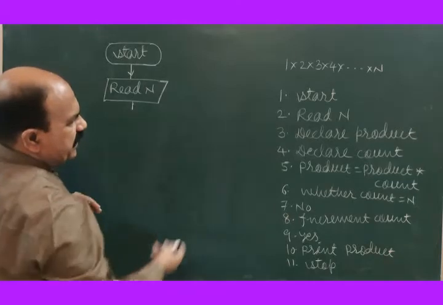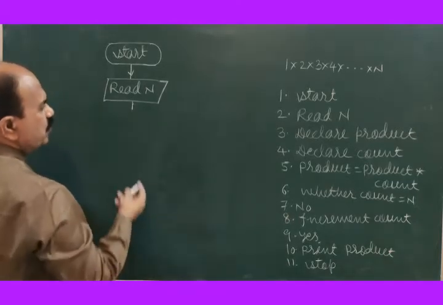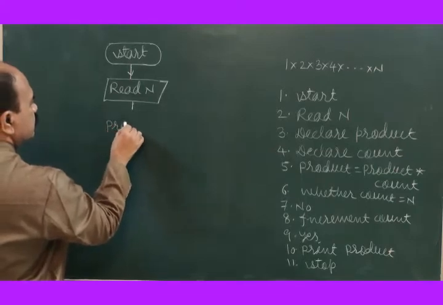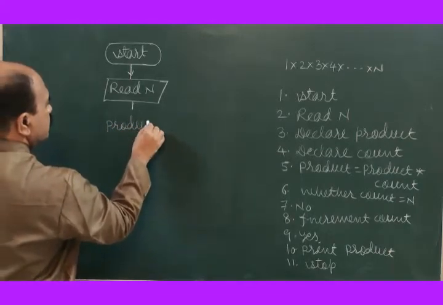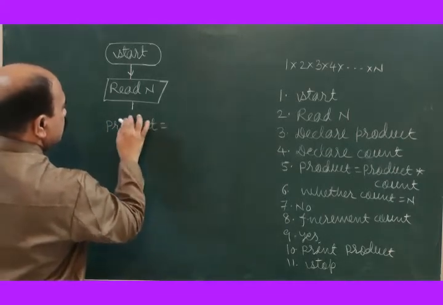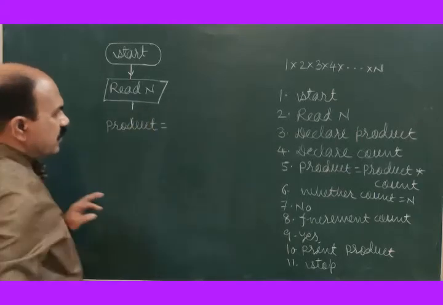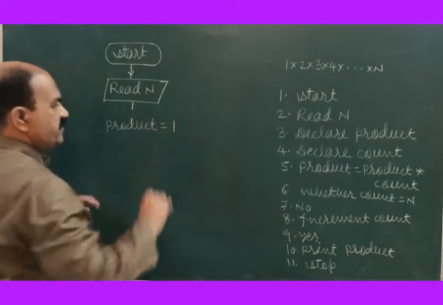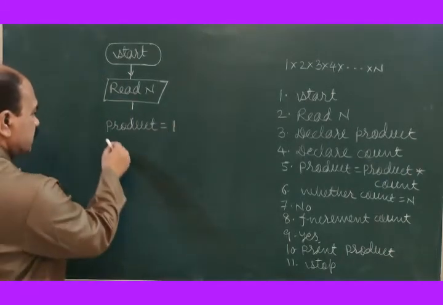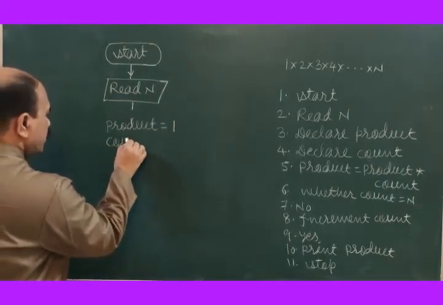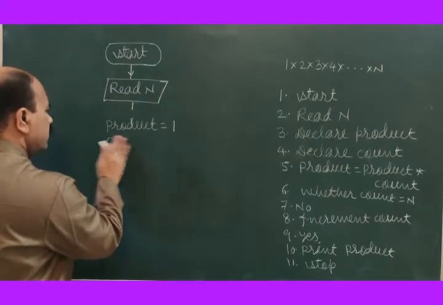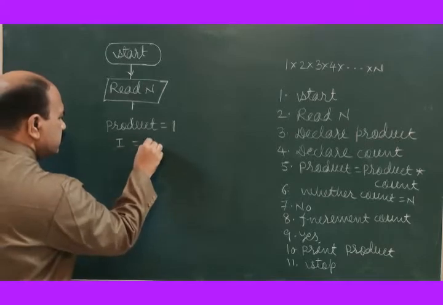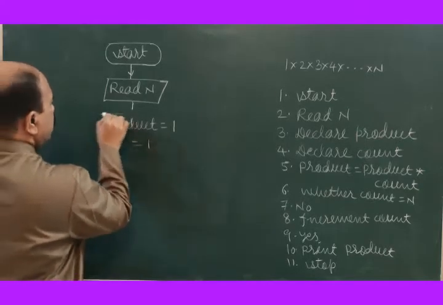After that, declare the product and the count. First number is 1, so let me declare the product as 1. Count, or for the count you may write I. I is equal to 1.